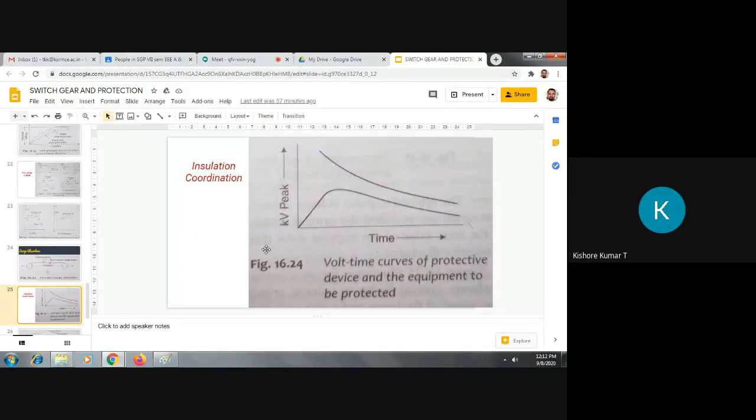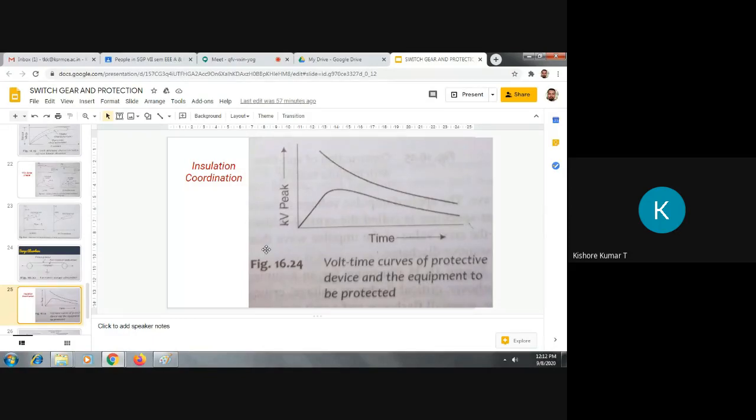Next, coming to insulation coordination, the next concept. After completion of surge absorber, the next concept is insulation coordination. Insulation coordination means the equipment which is to be protected must have a coordination in insulation level with the protective device which is employed to protect it.